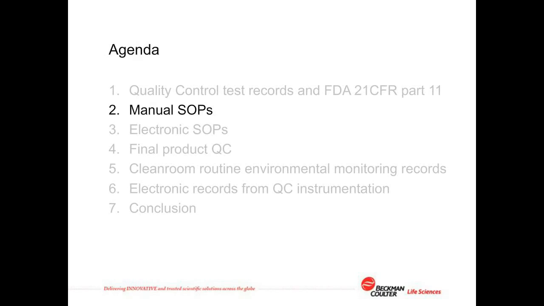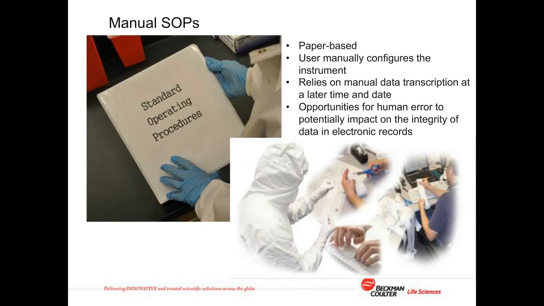So, touch on manual standard operating practices or standard operating procedures, SOPs. Unfortunately, in our industry, in the pharmaceutical and biopharmaceutical industry, the use of manual SOPs is still very rife. They are typically paper-based, and the user typically has to manually configure the instrument carrying out the quality control test.